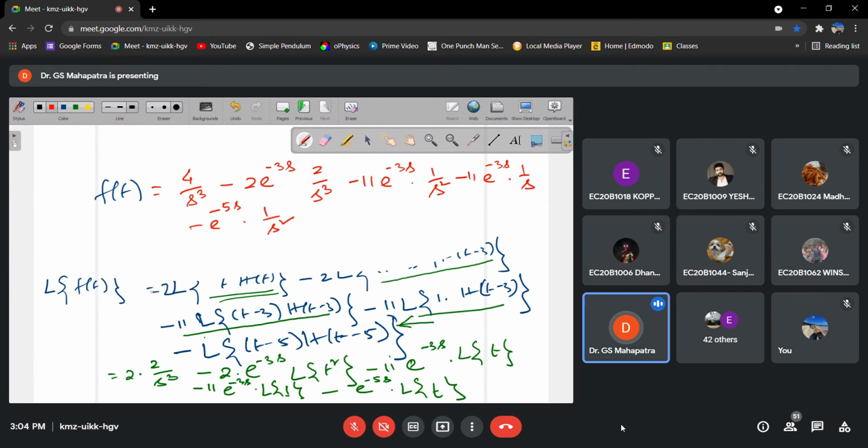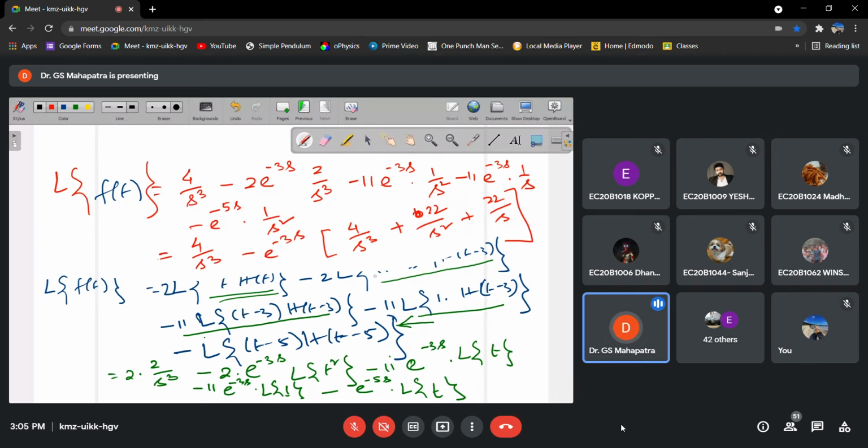If you just simplify it, you can write the Laplace transform of the given function: 4 by s cube minus e to the power minus 3s is common. Okay, so 4 by s cube minus, plus 11, 2 also I have not given, so 11 s square plus 11s, correct, this one, and then the final one is there.